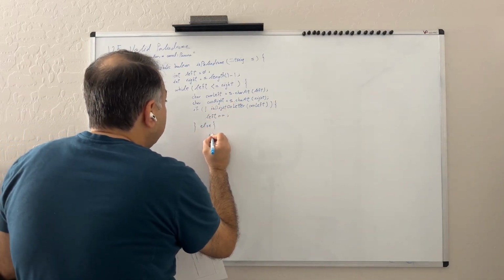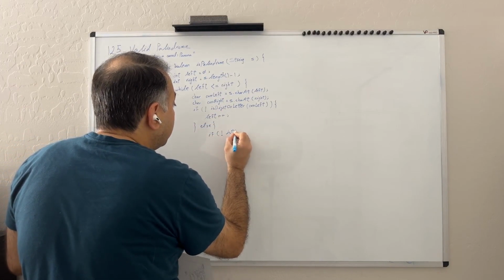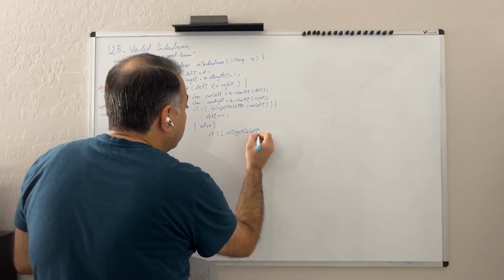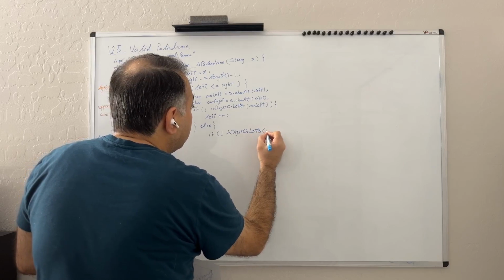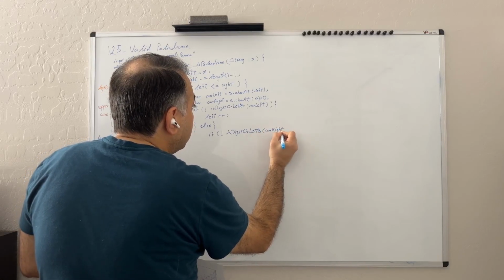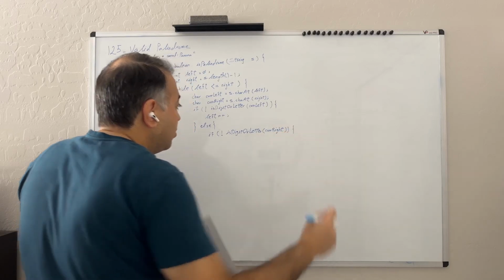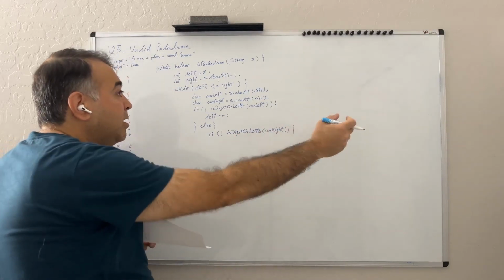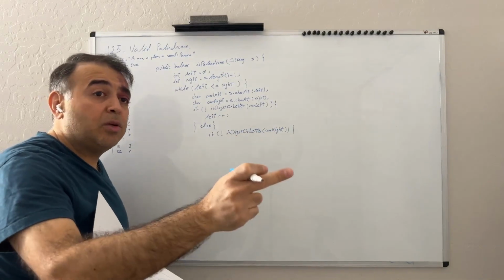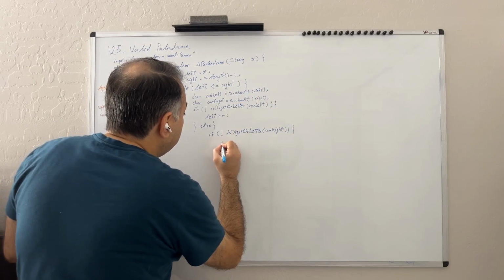I need to do the same thing here. If the right character that the right pointer points to is not a digit or letter, I can reduce the right pointer one to the left.